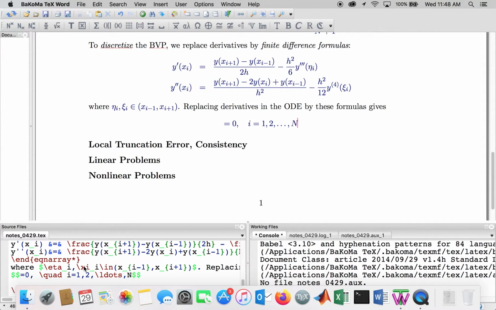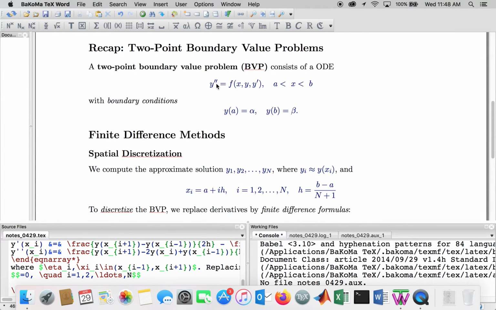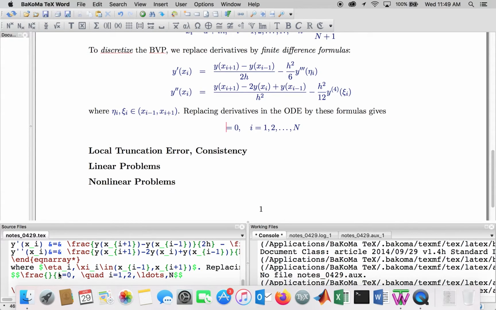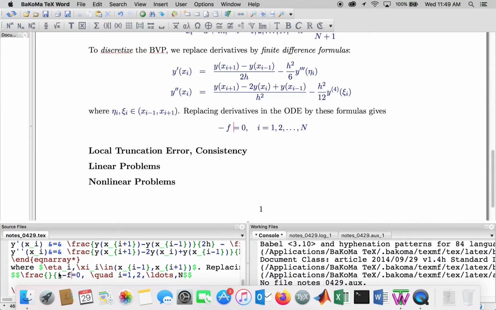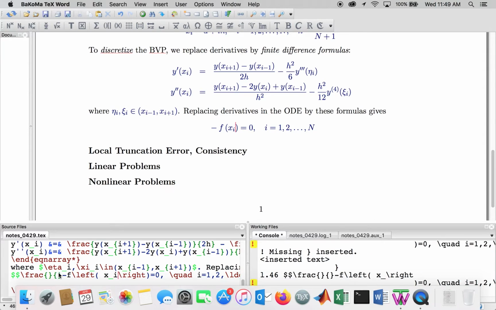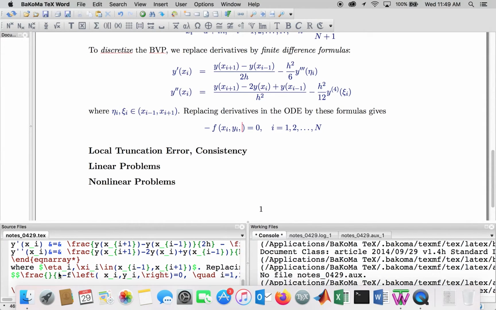Because what I'm going to do is evaluate these derivatives, this whole equation, at each interior x, and we have n of those points. So at each xi, what I will have is f evaluated at xi, yi, and I'm going to have my approximate y prime here.